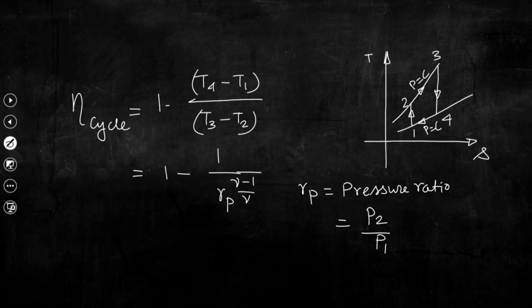We discussed in the last class that these two processes can be represented by PV to the power gamma equal to constant, where gamma equal to Cp by Cv, and we can get the properties at the exit of the compression and at the exit of the expansion using the ideal gas air standard equation.